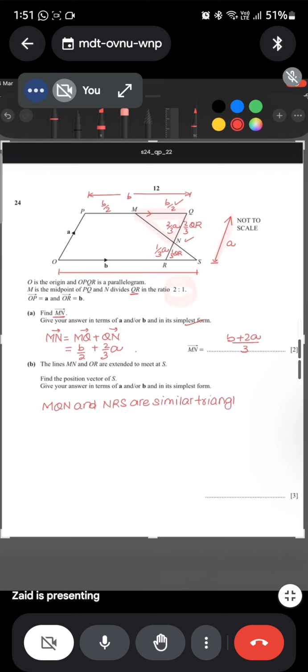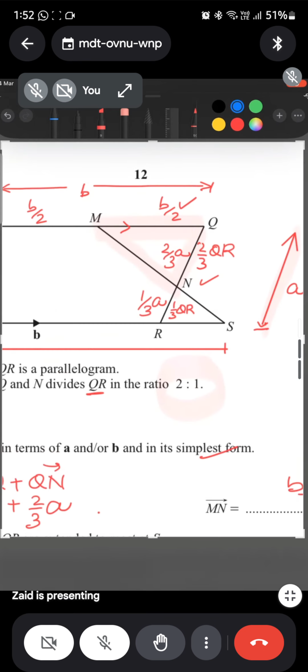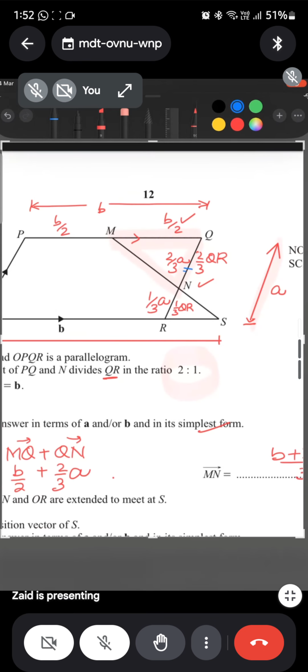If you remember similarity, you must be knowing that in similar triangles we do have the ratios. There is a triangle MQN and the other triangle is NRS. I can say that this side is similar to this side, and this side is similar to this side.